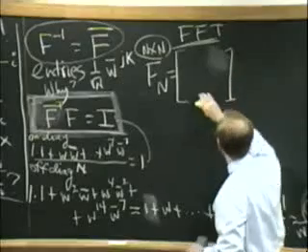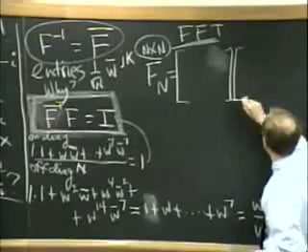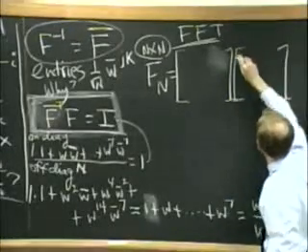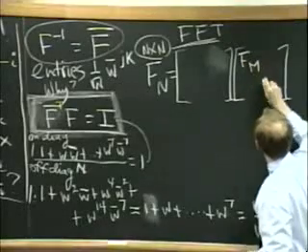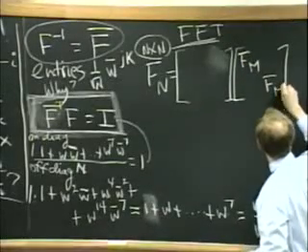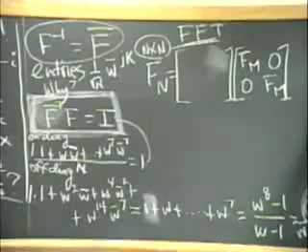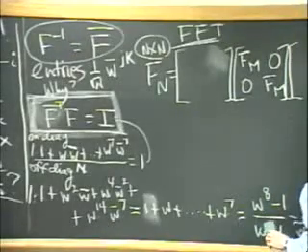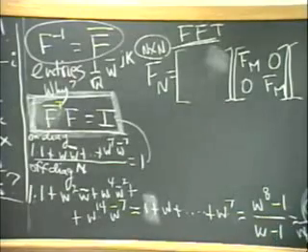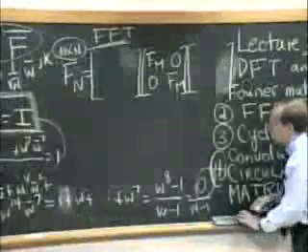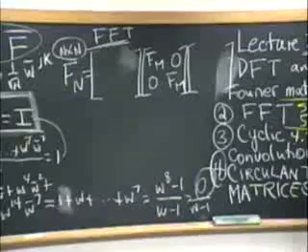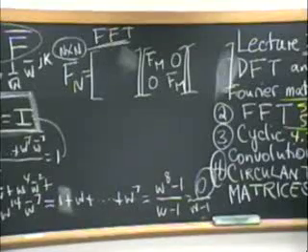One will have a lot of zeros. One will be half zero, Fm, two copies of the half-size transform, and one will be really simple, just a reordering, a permutation matrix.